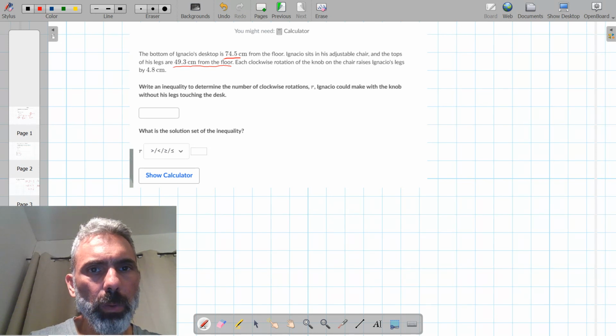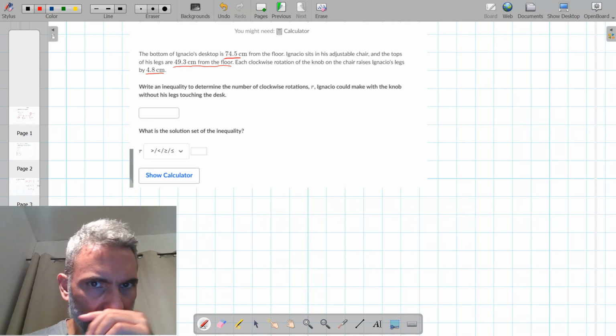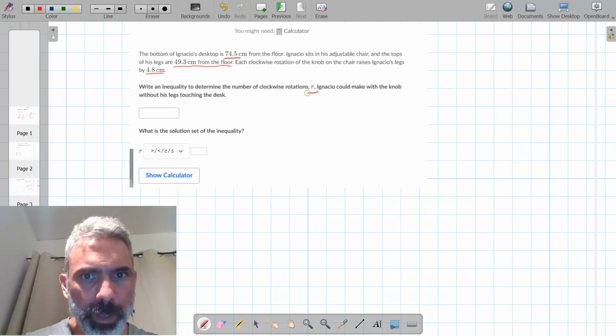Each clockwise rotation of the knob of the chair raises Ignacio's legs by 4.8 centimeters. Write an inequality to determine the number of clockwise rotations R Ignacio could make with the knob without his legs touching the desk.